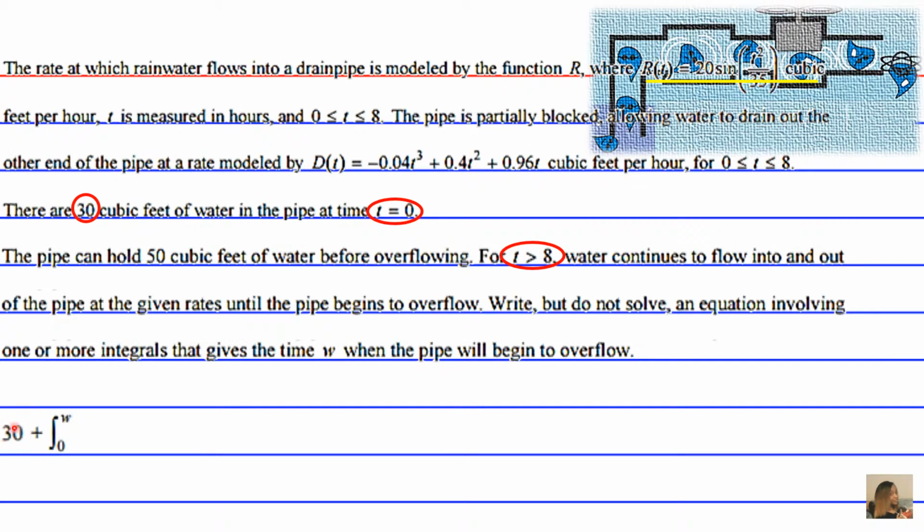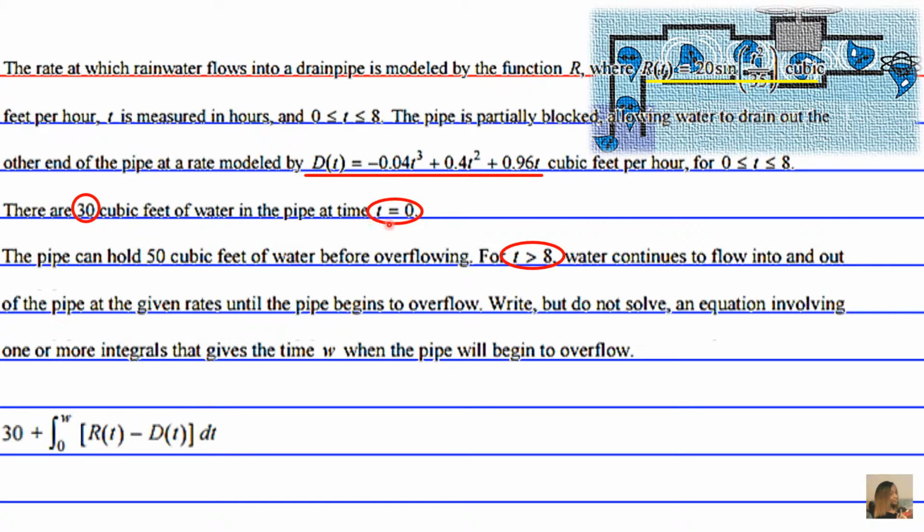So this 30 is going to change due to how much water flows in. And it's also going to change due to how much water is flowing out. So a flow in is going to be an addition or a positive, and a flow out is going to be a negative. So we're basically integrating r of t, the rate of water flow in, minus d of t, the rate of water flow out. And we're integrating with respect to t.